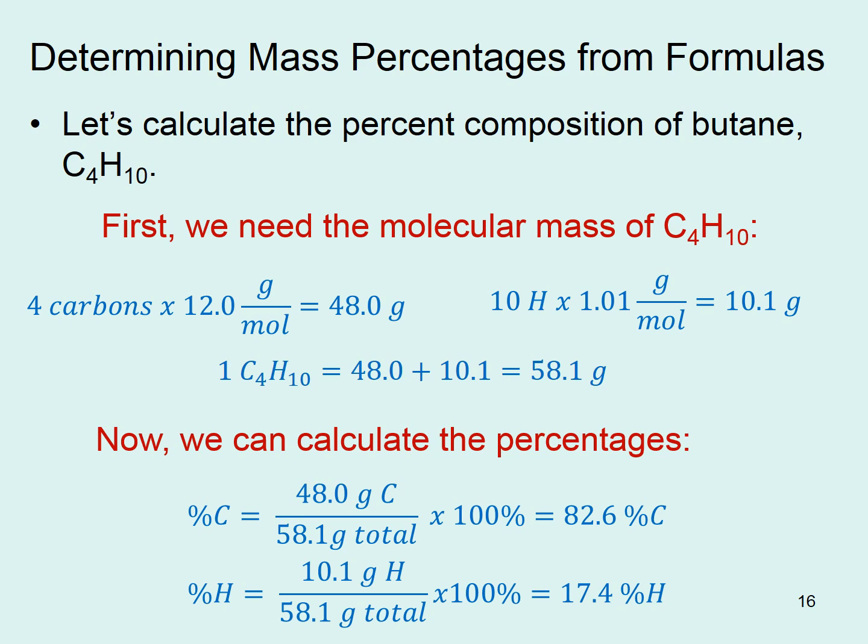To find hydrogen, since there are only two elements in this molecule, we can subtract from 100, or we can take the part that's just hydrogen, 10.1, divided by the total, 58.1, and we get 17.4% hydrogen. And again, the percentages should add up to 100%. If there were 3 elements, the 3 percentages would have to add up to 100%.